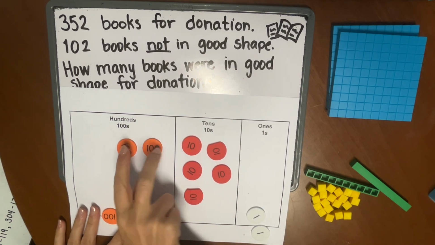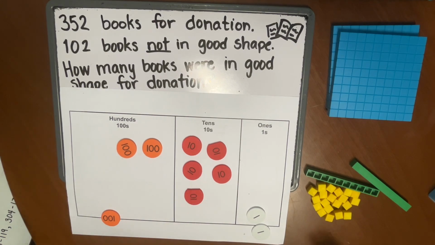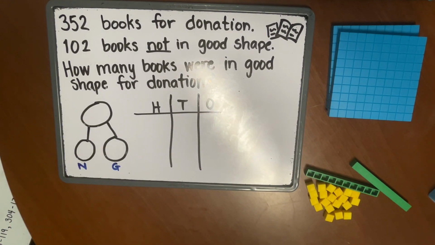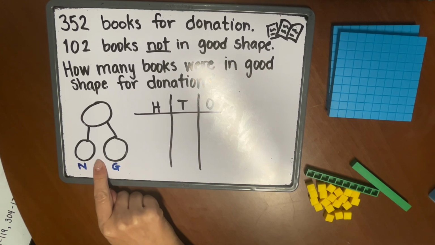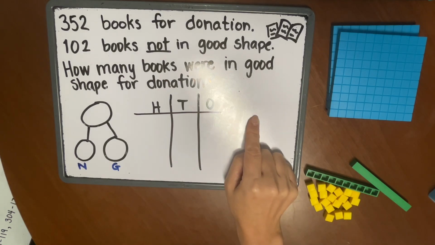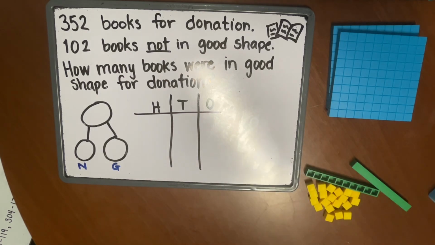That means that I got 250 again and no 1s. How can I draw this in a part whole and a place value chart? Go ahead and pause the video and draw those models now. If you have time, write a number sentence or equation that matches the problem. Pause the video now.